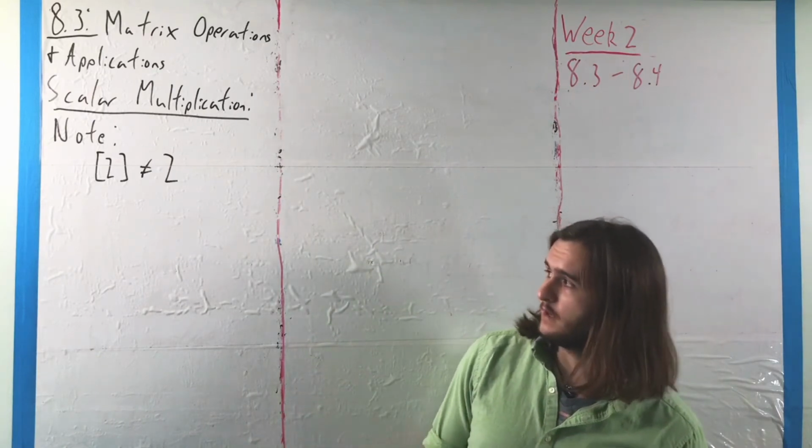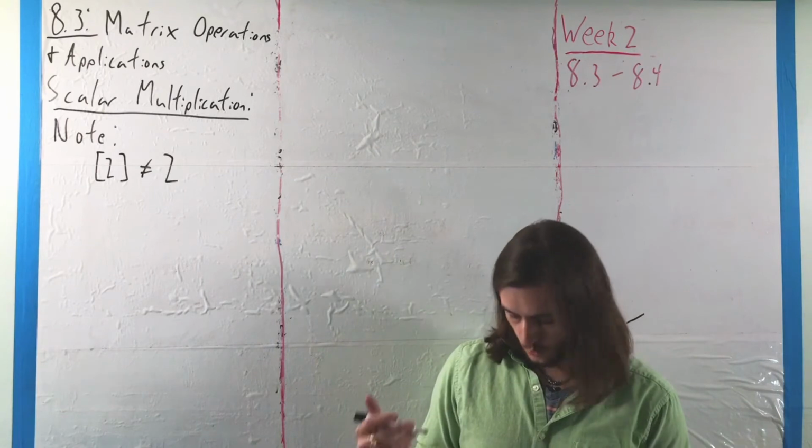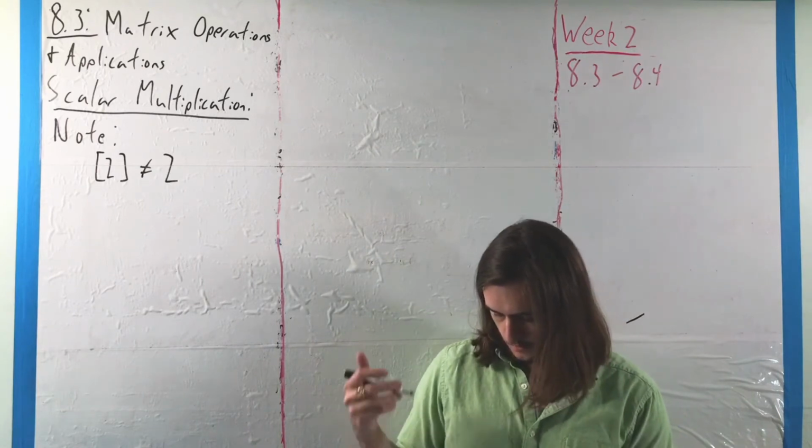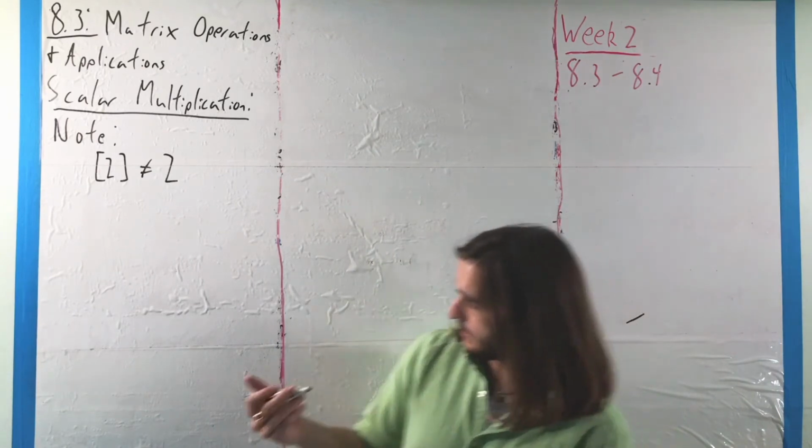and multiplying a matrix by a constant works in much the same way.